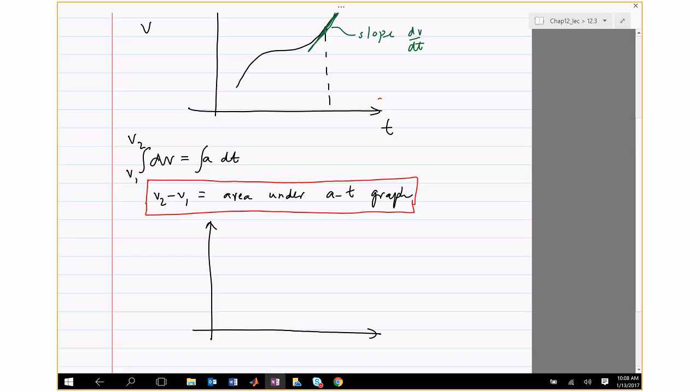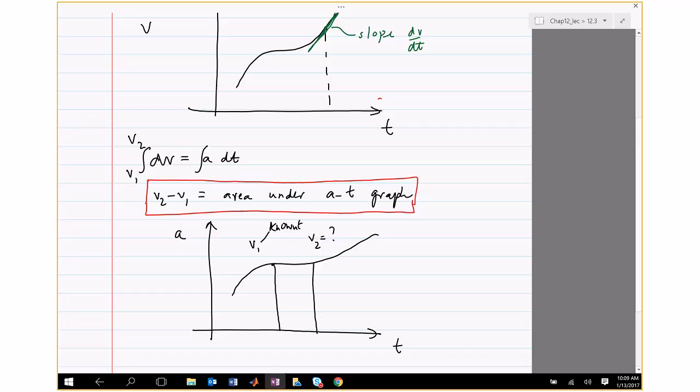So now I need to look at the acceleration time graph. So acceleration time graph, let's say that is a curve. What I'm interested in is the velocity between 2 points. So let's say that I know the velocity here. I want to find the velocity over there. This is known.